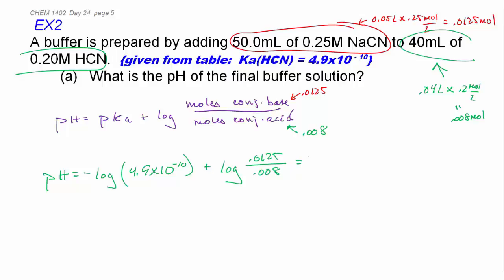So 0.0125 divided by 0.008 equals, log, minus the log of 4.9 times 10 to the negative 10, about 9.50. So if you have to write some intermediate steps there, go ahead.